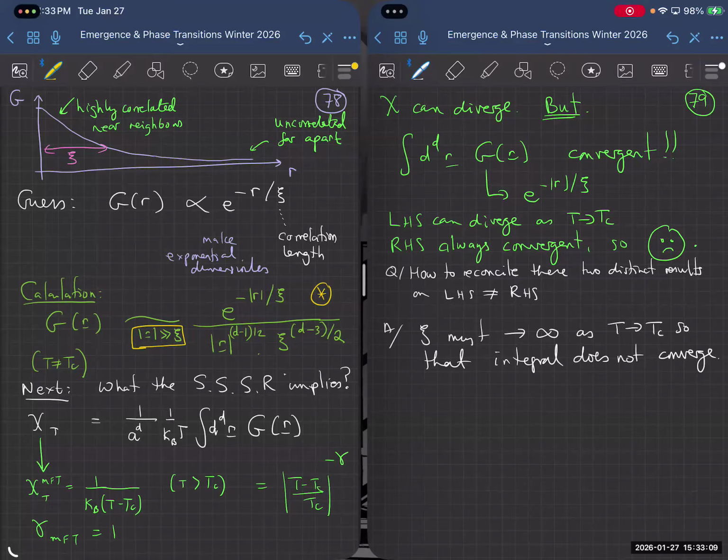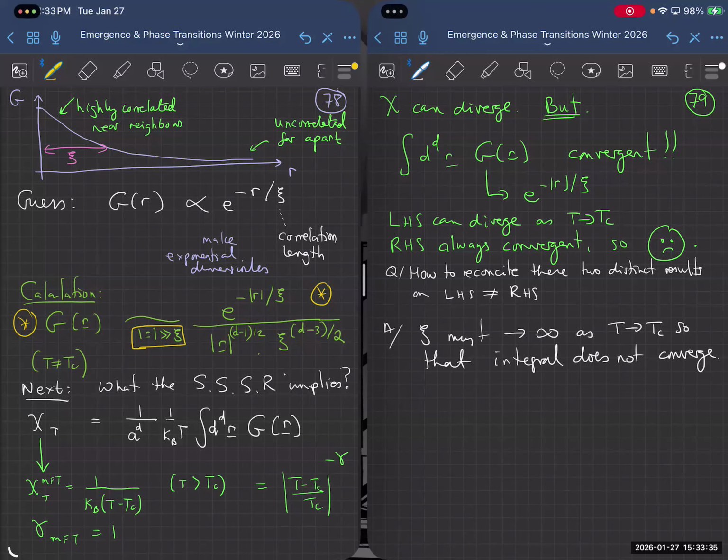If the correlation length is going to infinity, then R can never be bigger than the correlation length. So we must be in a different regime of this correlation function. What I've shown you here, this asymptotic formula for the correlation function, is only true for R greater than psi. It's not true when R is much smaller than psi.